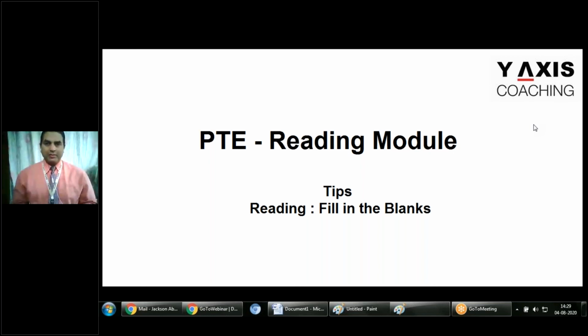Majority of the times, especially for the reading fill in the blanks, if you go through the collocations carefully, you will be able to identify the answers much quicker. So for your help, there is always a list available from the PTE itself. It is the collocation list by PTE. It is a set of 2400 words.